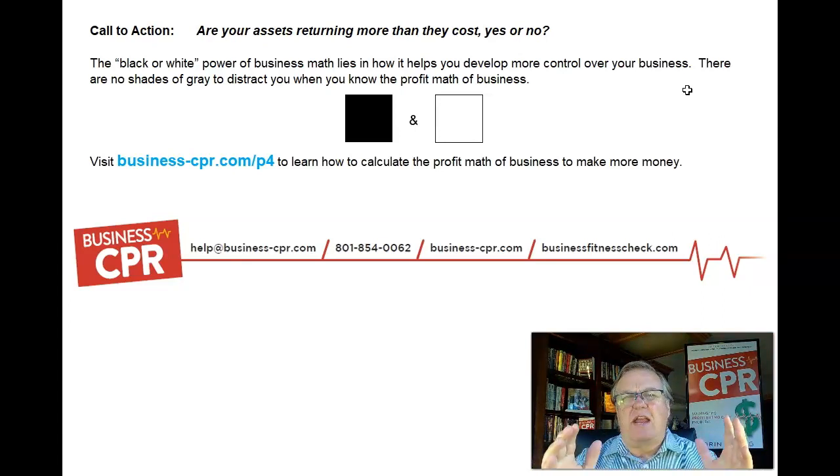There's no shades of gray to distract you, particularly if all you're doing is the raw calculation. You're not putting any crazy assumptions or factors into it. So in this case, if your sales aren't where they need to be, one of the first areas you need to look at is your assets. Are your assets carrying their weight in the business? Yes or no? That's a black and white question.